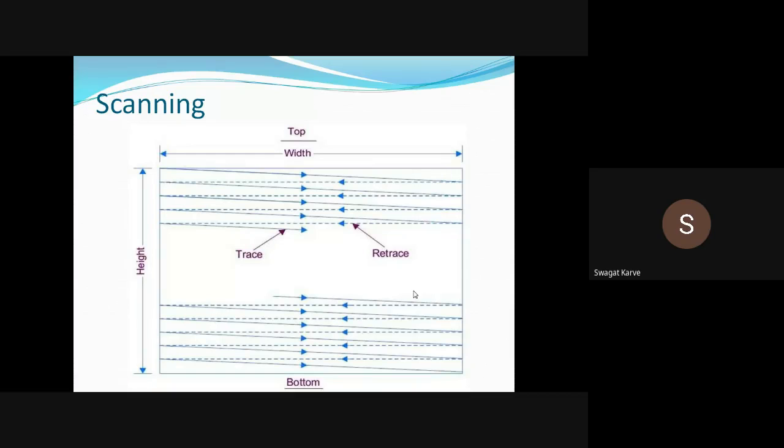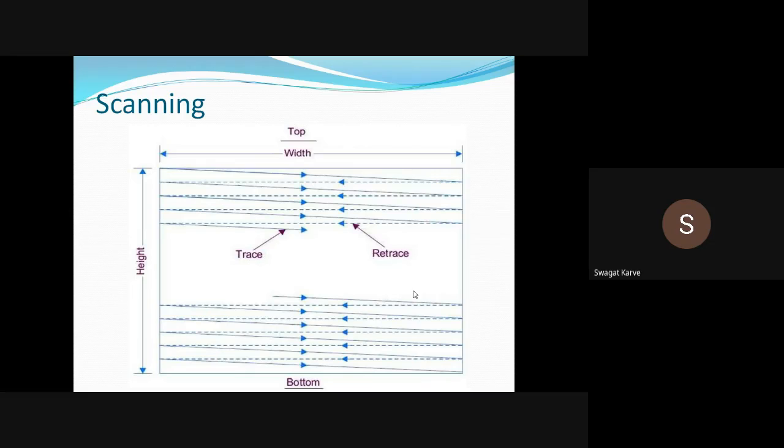It must have some width, it must have some height, it must have top, it must have bottom. Then how actually your video is getting on your screen. So it always starts from the leftmost top corner. म्हणजे डाव्या बाजूच्या त्या टॉप कॉर्नर पासून तो व्हिडिओ स्क्रीनवर दिसायला सुरू होतो. अँड हाऊ दॅट स्कॅनिंग इज डन.